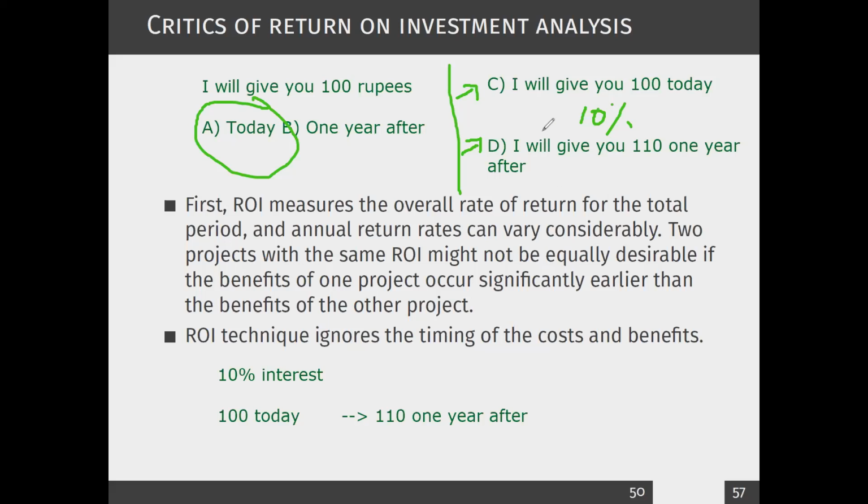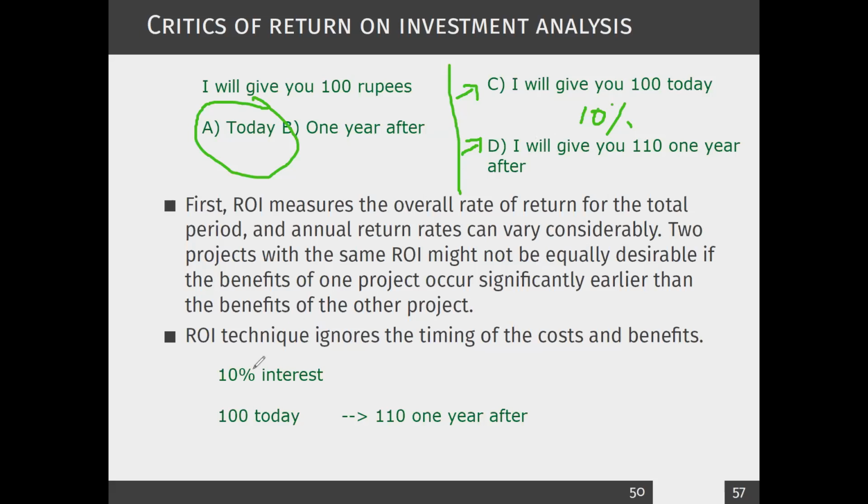But if your interest rate is less than 10%, then you better go with D. So that's how you should think about it. The choice of C or D actually depends on the annual interest rate. If it is more, then you go with C. If it is less, then you go with D, right? That's how you should think about this.